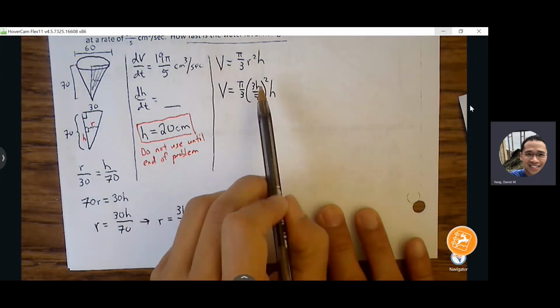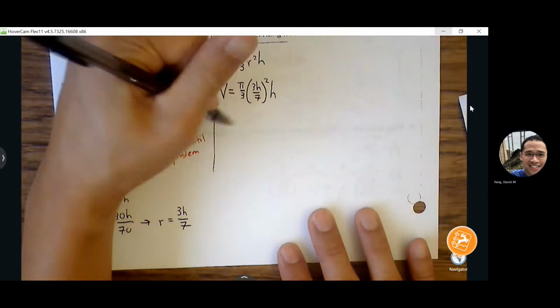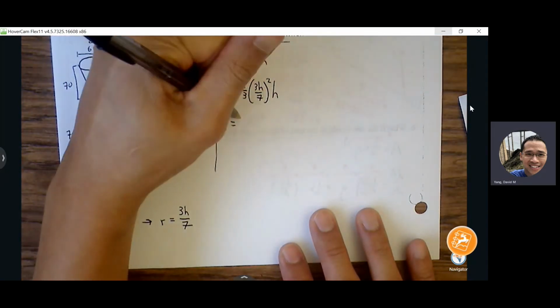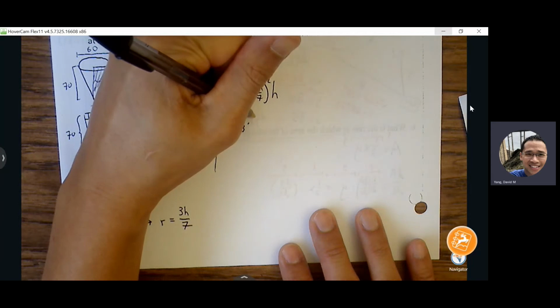Okay, we do our cleanup here, distribute the exponent through so that we can get our equation ready for an easy power rule problem.